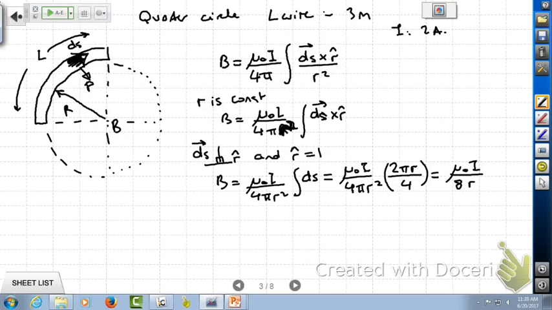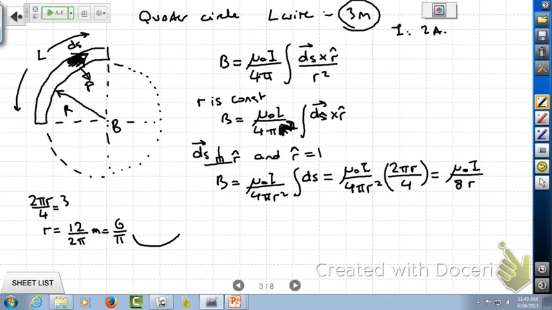Did I do that right? Well, we need to find r out. So the problem is I don't know r. So I would do this as a second bit, and I would say 2 pi r over 4 is equal to 3 meters. So r is equal to 12 over 2 pi meters, which equals 6 over pi.